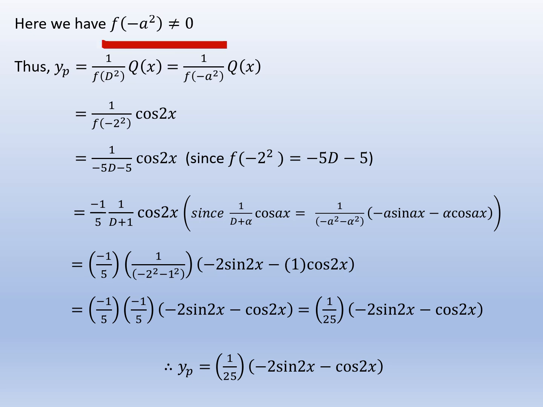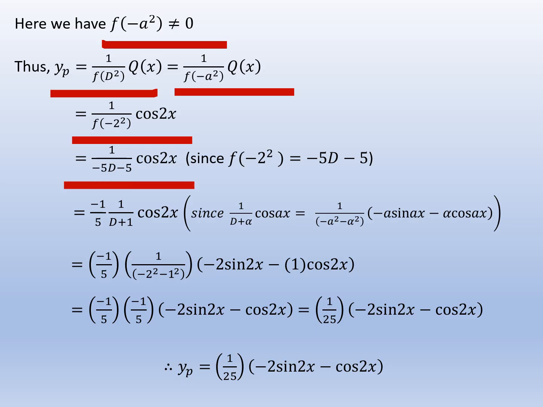So we get our particular integral yp like this. yp equals 1 by f of d square of q of x, which will be equal to 1 by f of minus a square of q of x, which equals 1 by f of minus 2 square of cos 2x, which equals 1 by minus 5d minus 5 of cos 2x, which equals minus 1 by 5 into 1 by d plus 1 into cos 2x.